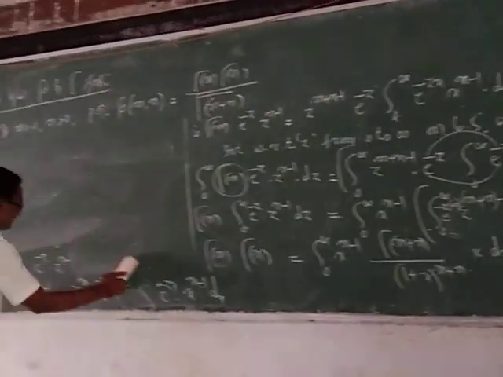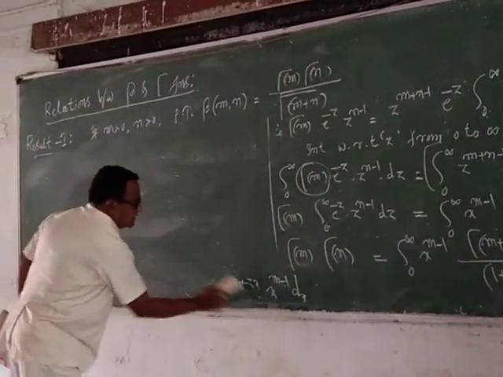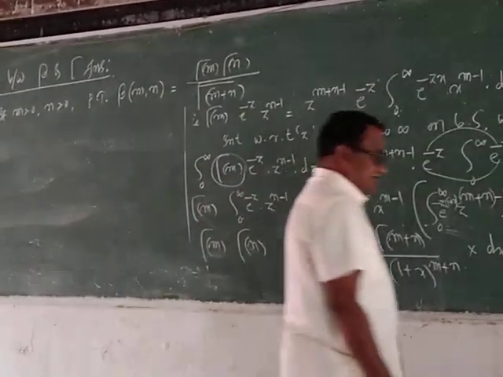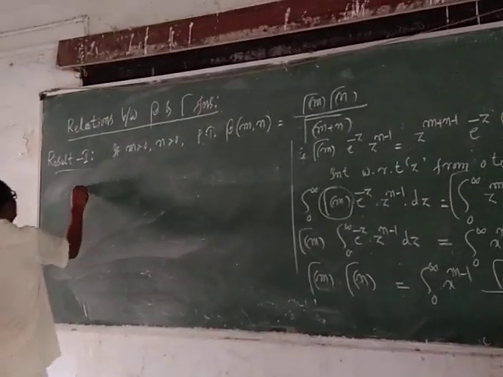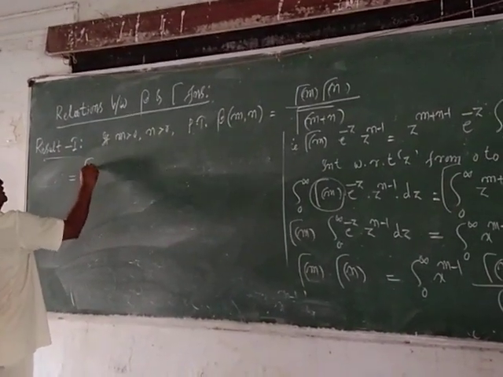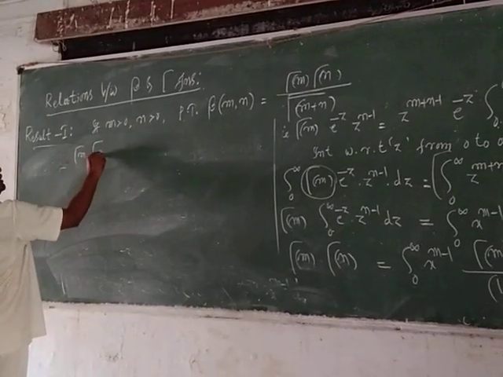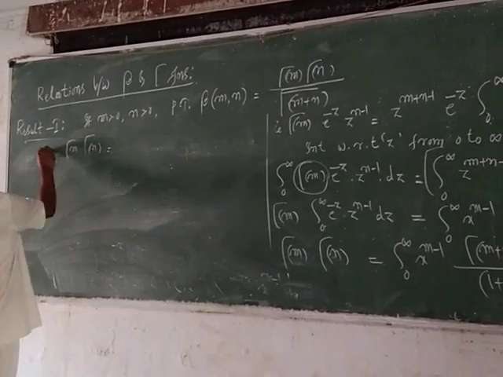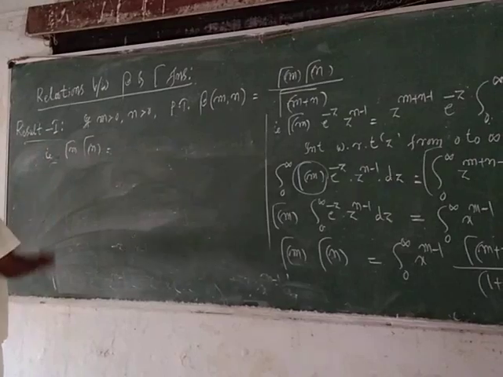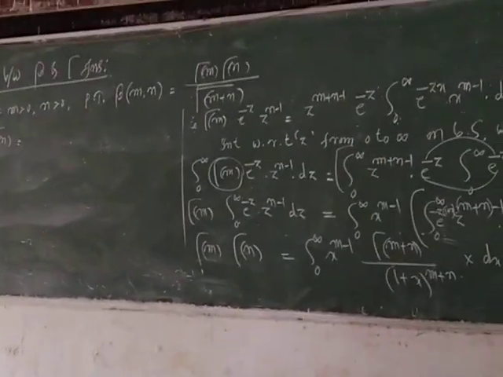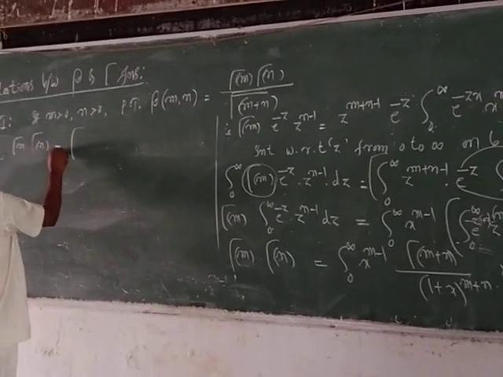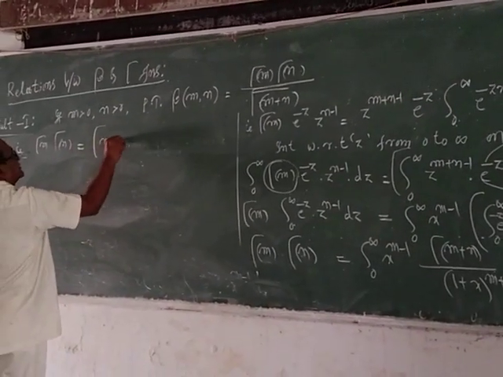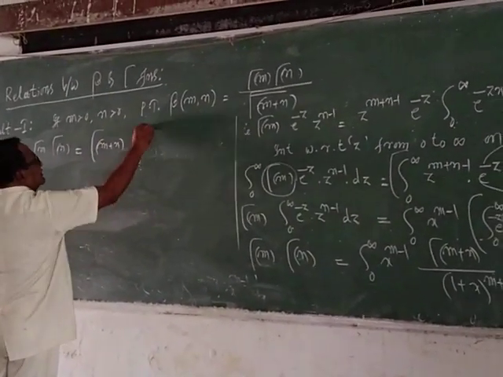Yes, you write the left hand side as it is. It is gamma m into gamma n. Gamma m into gamma n is equal to what? Gamma m plus n, of course, it is a constant, can be written outside the integral sign.